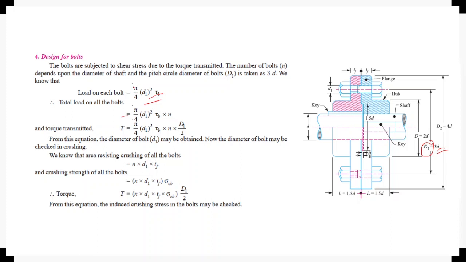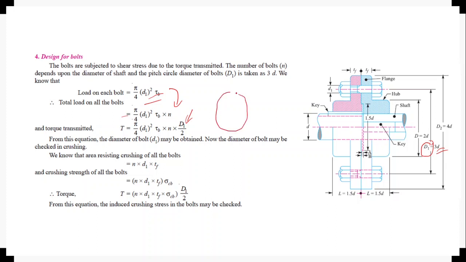That cross sectional area is equal to pi by 4 into d1 square, into tau b. Tau b is the allowable shear stress for the bolt material. Then total load on all the bolts is equal to this one into n, and that load into d1 by 2, this is the radius.